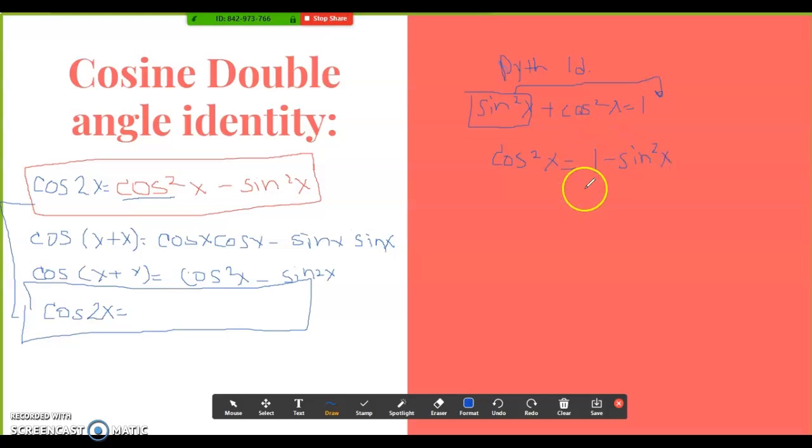Now, if I take this expression and substitute it into the double angle identity for cosine squared x, I would have another way to write the double angle identity for cosine. So let's see what we would have. Cosine of 2x, I'm going to sub in 1 minus sine squared x for cosine squared x over here. So I'd have 1 minus sine squared x minus sine squared x.